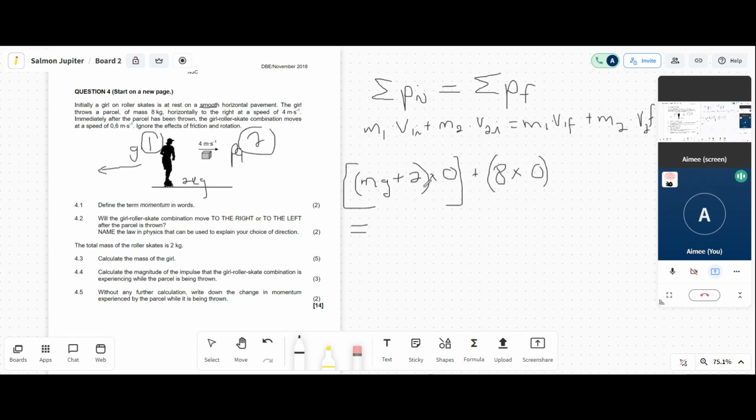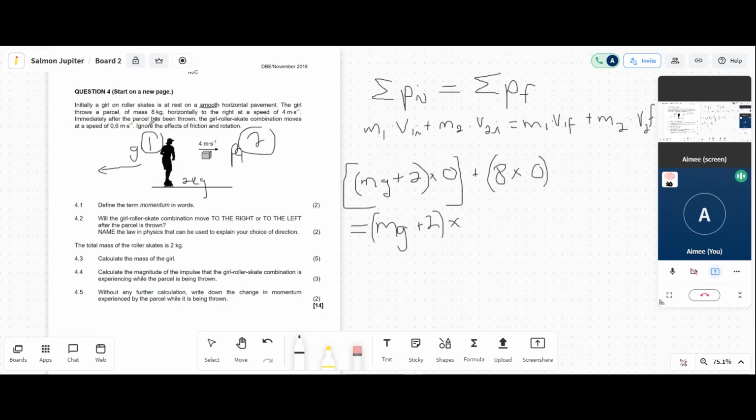So again, we've got our M1 times V1 final. Our M1 is again going to be mg plus 2, the mass of the girl plus the 2 kilograms of the roller skates, because we're considering them one thing at the moment. We multiply that by her velocity after she throws the parcel.